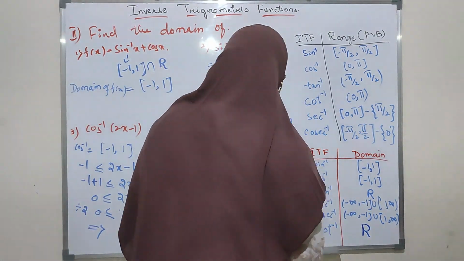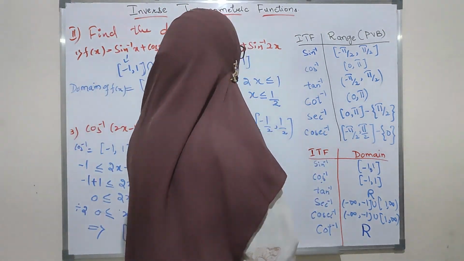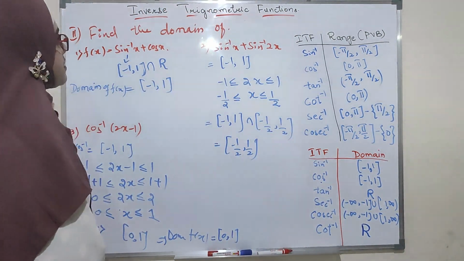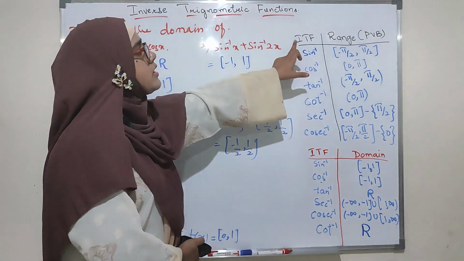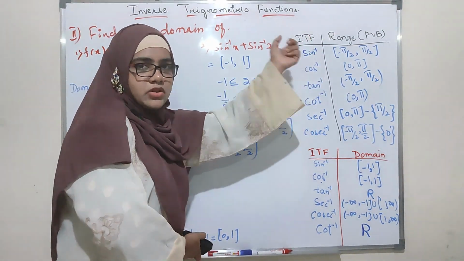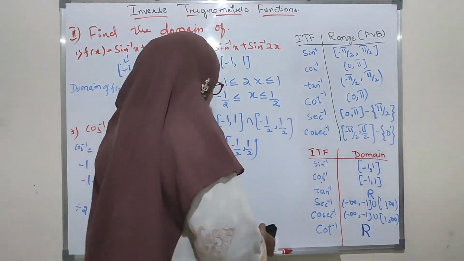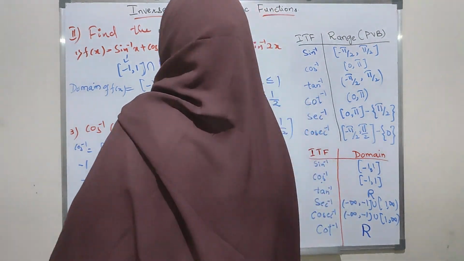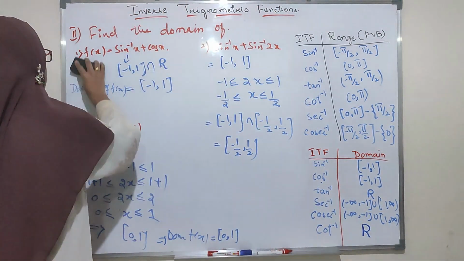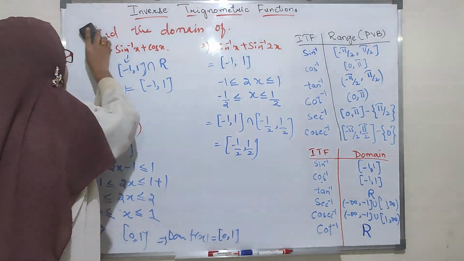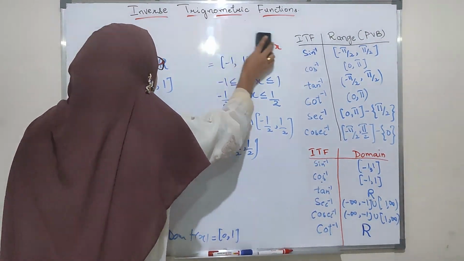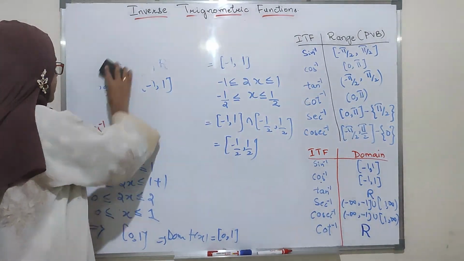So in the first example, we have discussed the principal value branch of the inverse trigonometric function. Now in the second, we have seen how to find the domain of the given inverse trigonometric function. So write down some other examples.